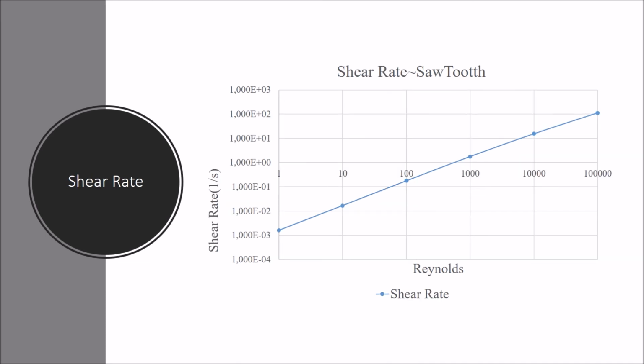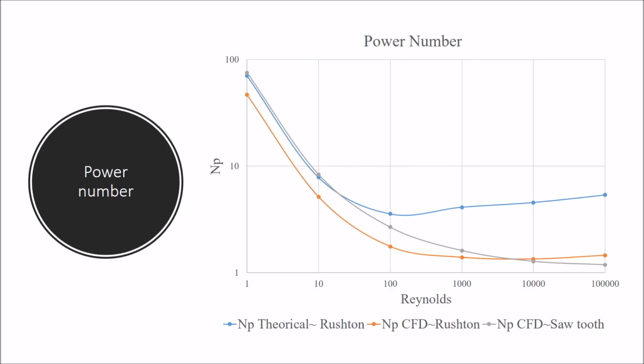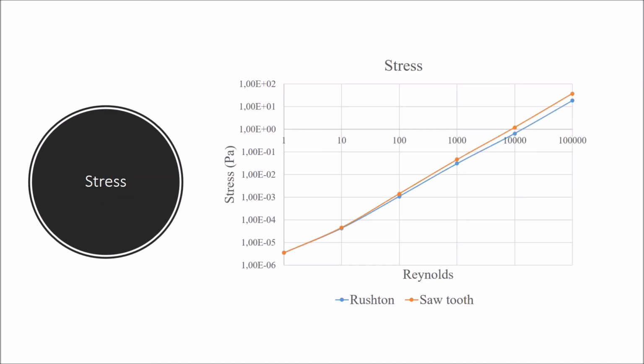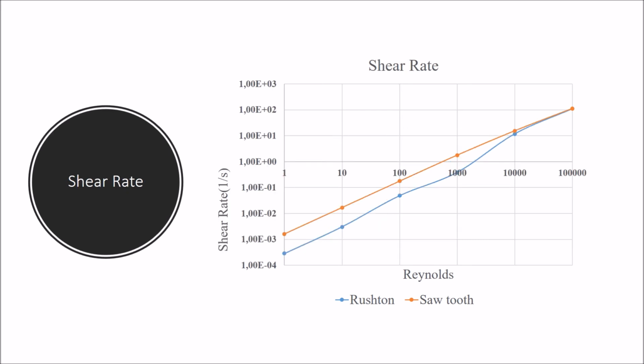Also the shear rate increases. In the comparison, we can see the theoretical, the CFD Russian and our sawtooth, and the sawtooth is between both of them. The stress is very similar, and the shear rate, which is the most important, is greater.